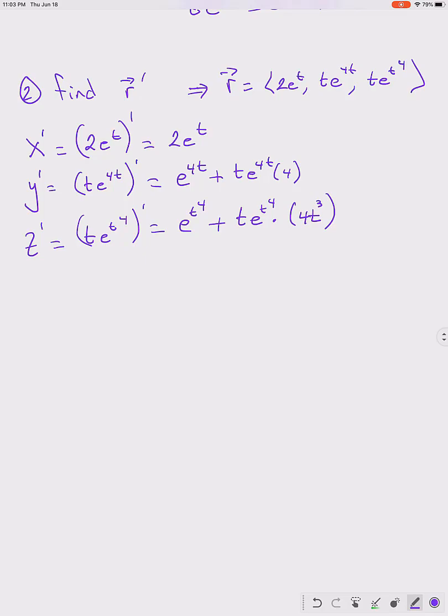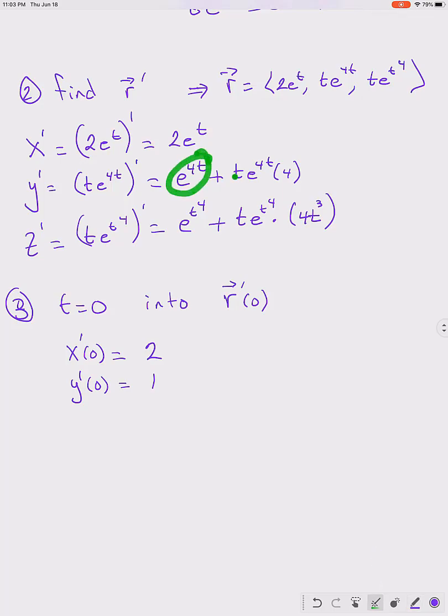So now I plug t equals 0 into my r prime. When I do that, I get x prime evaluated at 0 equal to 2. I get y prime evaluated at 0 equal to 1, because this part would be 1 and this part would be 0.